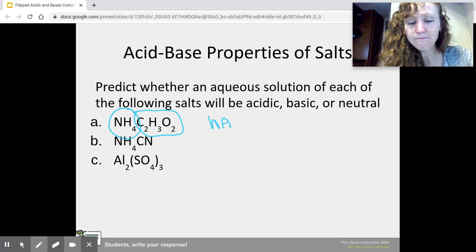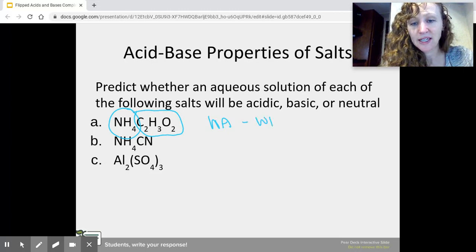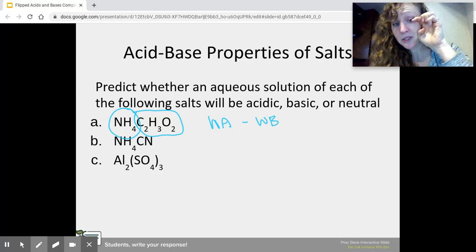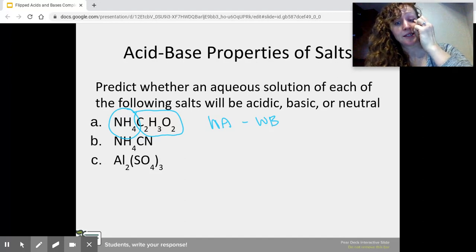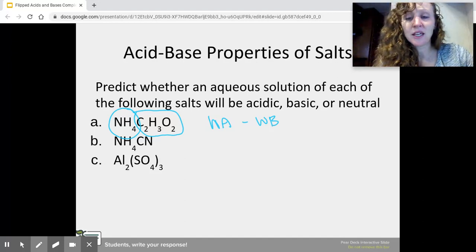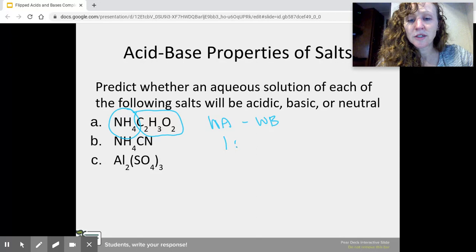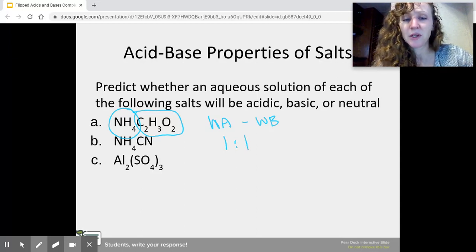C2H3O2-, which is a weak base, conjugate of acetic acid, right? So will it be acidic, basic, or neutral? We don't really know because they are present in equal concentration, right? But are they equal strength of acids and bases? You'd have to have the K equation.